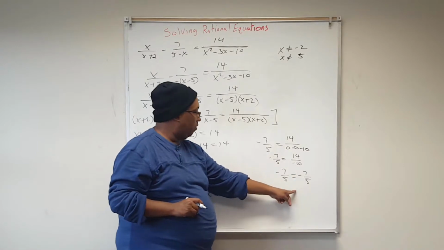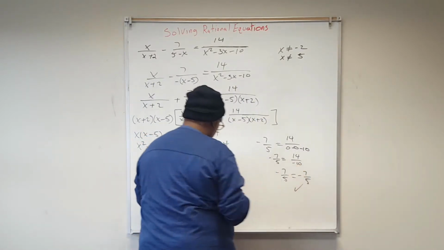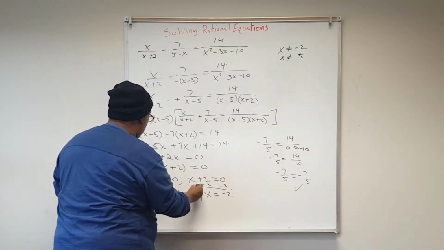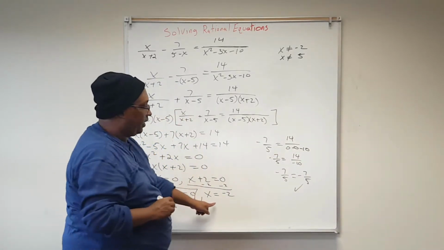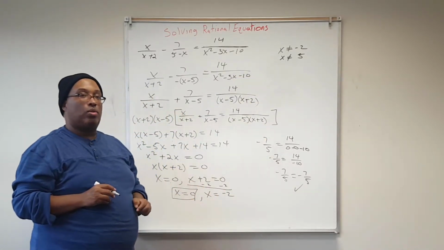Reducing this here, we get the same answer. It verifies that it checks out. Therefore, this is our only solution. Because again, this was a restricted value, we have to reject x equals negative 2.